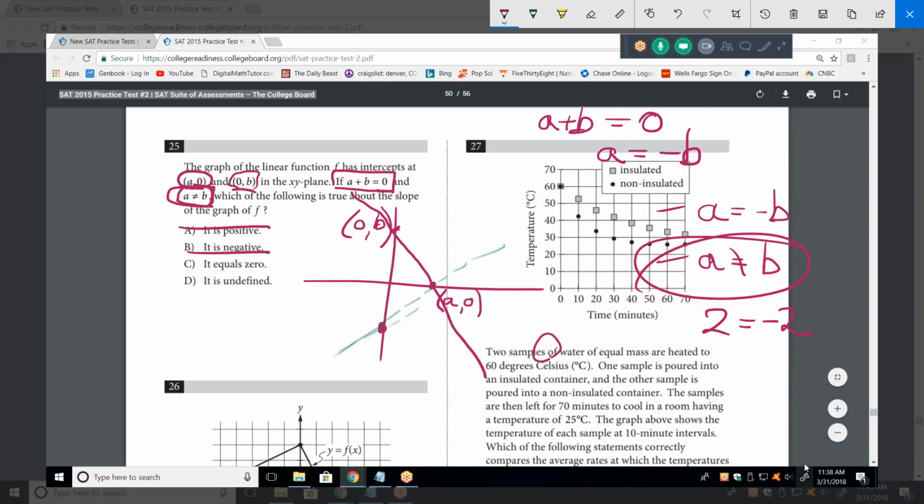We have A equals minus B, and yet A is not equal to B. Can you find any two A's and B's where that's true? Give me an A and a B where both of those are true.